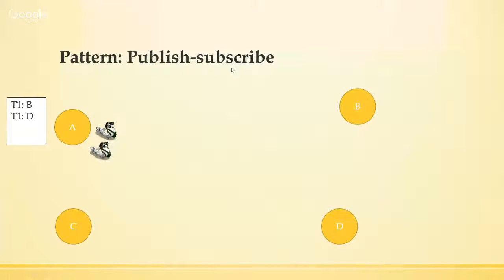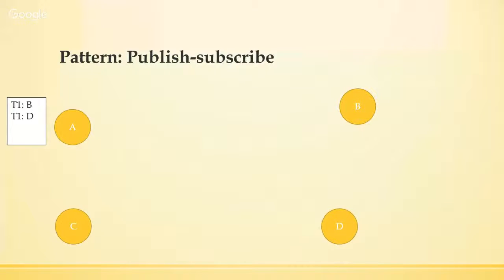Everybody that's interested in that type of event receives a copy of the message. And it's up to the publisher to keep a record of who those messages must be sent to. So if the publisher goes down and comes back up, and you've just stored a list of the consumers in memory, the next time an event occurs, they're not going to get that event.